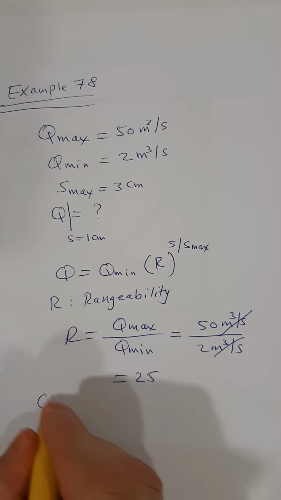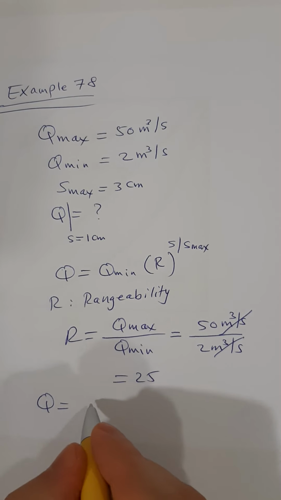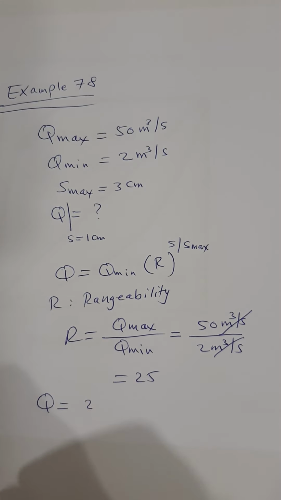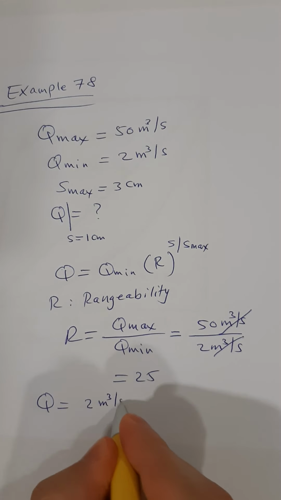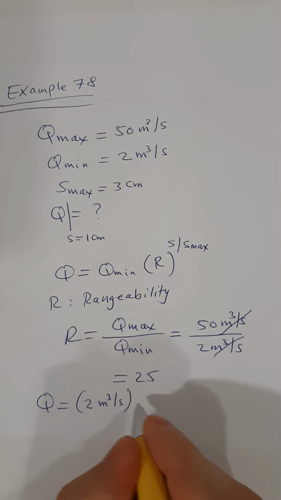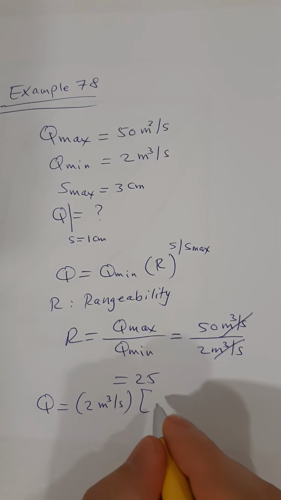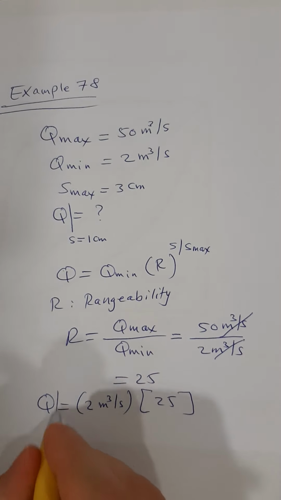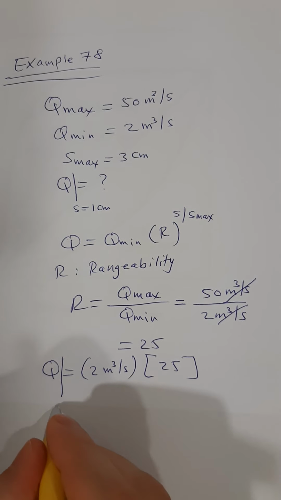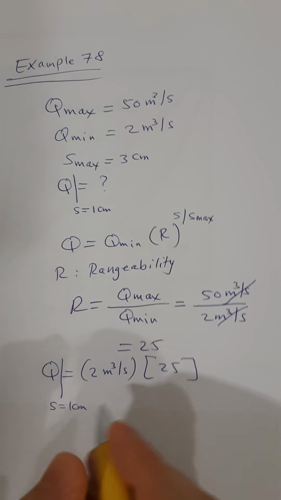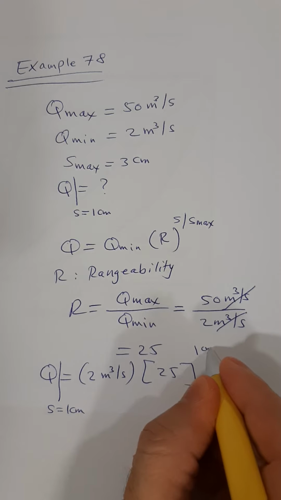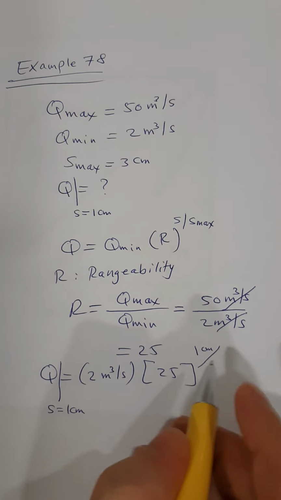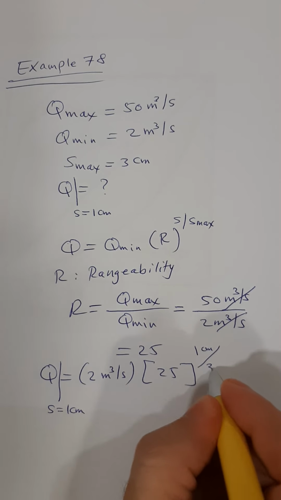Then Q is equal to Q minimum, which is 2 meter cubed per second, times R, which is 25, to the power S over S max. We need to calculate Q at S equal to 1 centimeter, over S max, which is 3 centimeters.